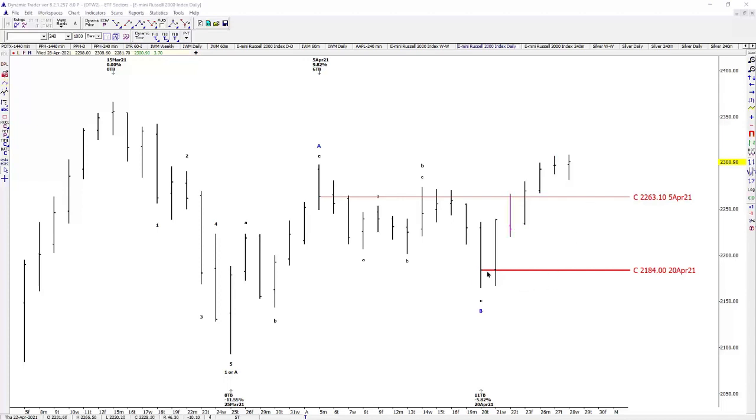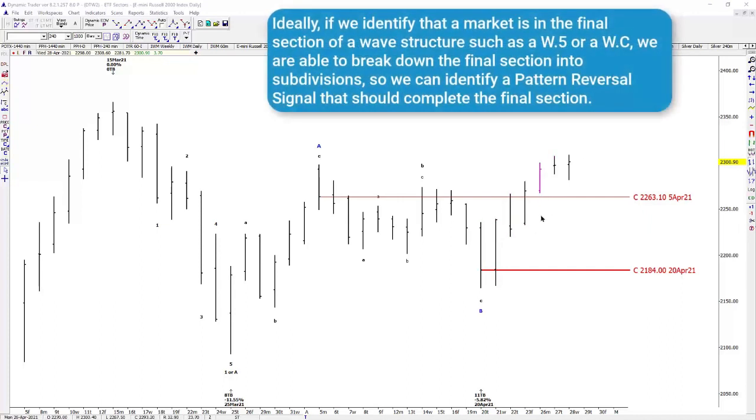But it would take a close below the closing low here and a trade below the low for the confirmation that it's complete. And that's a long ways away from where the market's at right now. So let's see if we can break this down, have a confident breakdown of this section up, and find an earlier signal. Maybe a signal when this section is complete, very close to where a reversal may be.